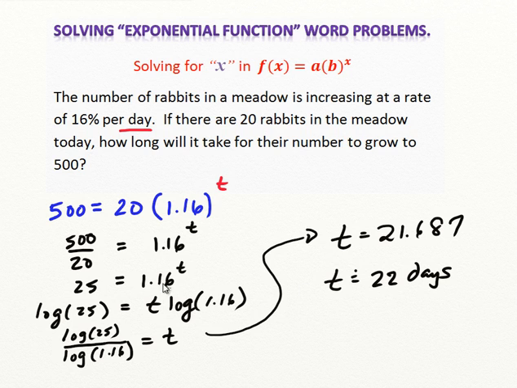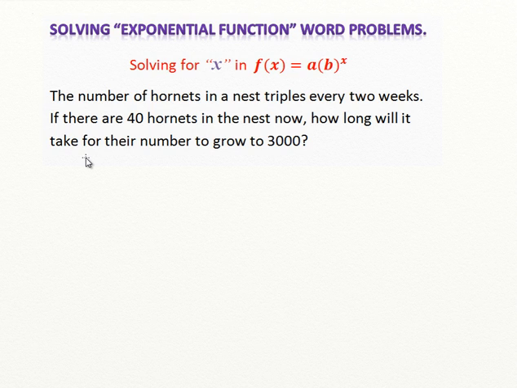Okay, let's take a look at a second example. This second word problem also involves a growth rate, but it is not given to us as a percentage. For example, it isn't saying the hornets are growing at a rate of 25% every day, or every week, or every month.